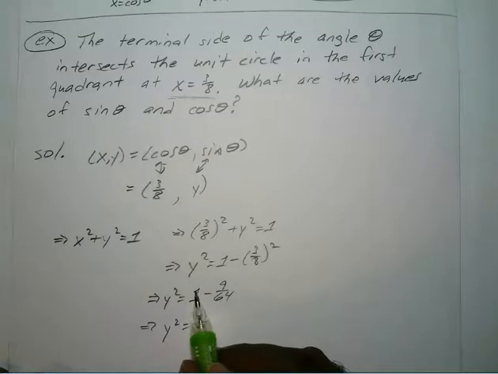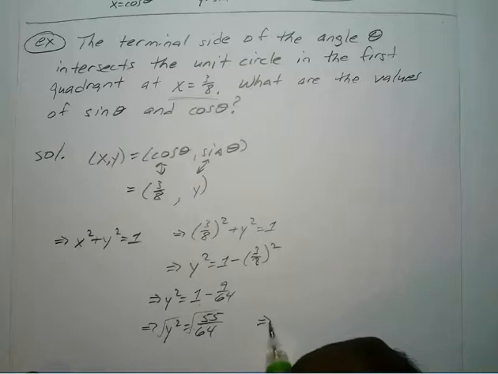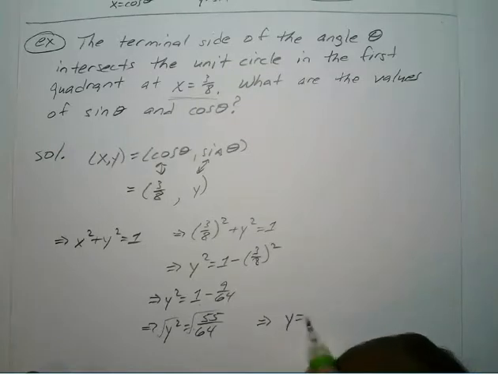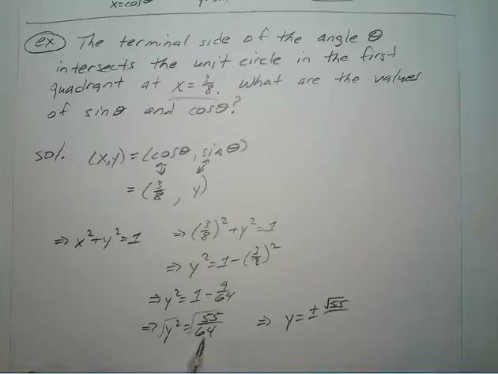So you have 64 minus 9, which is 55. So you have 55 over 64. So if we square root both sides, we have y equals plus or minus square root of 55 over square root of 64. Square root of 64 is just 8 over 8.